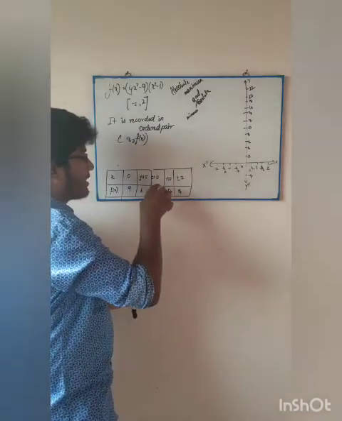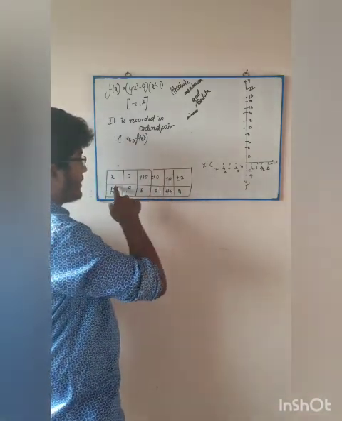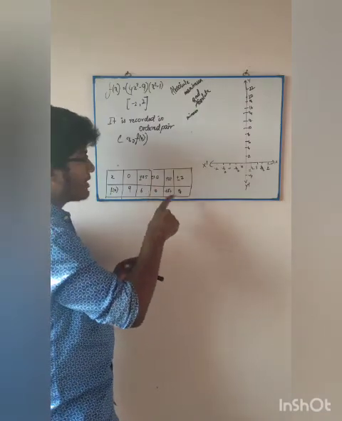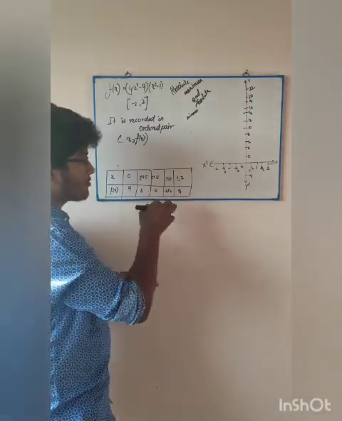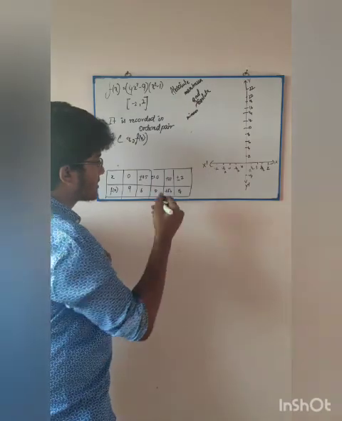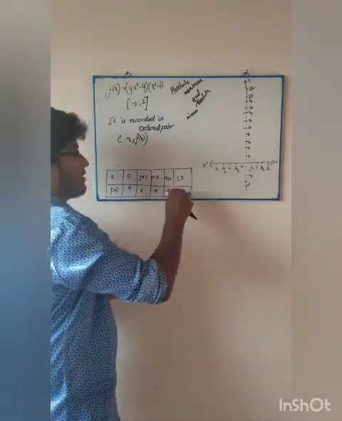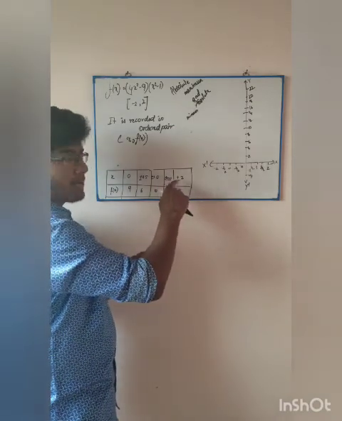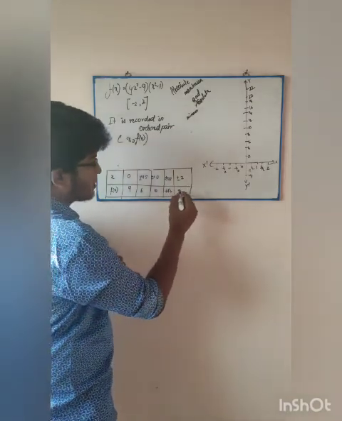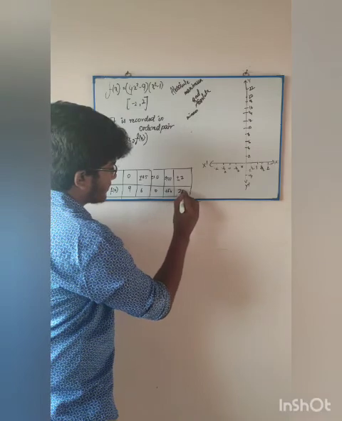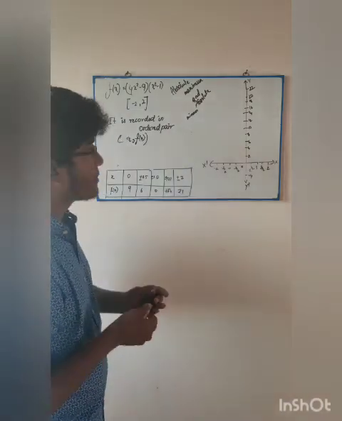And when x becomes plus or minus 1.27, it becomes minus 1.56. When x is equal to plus or minus 2, f of x becomes 21.